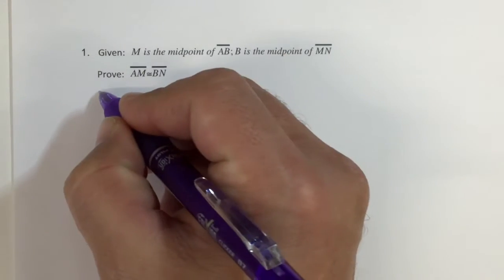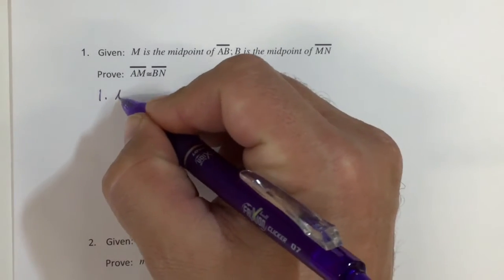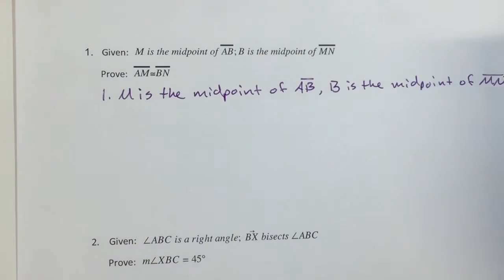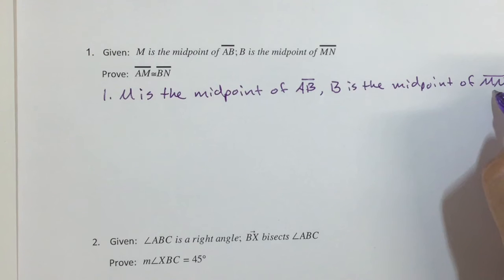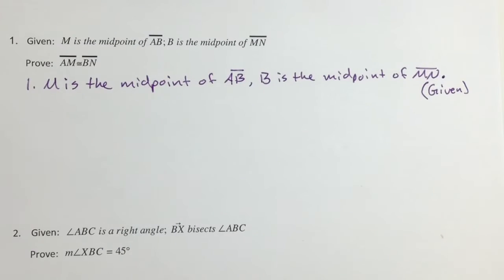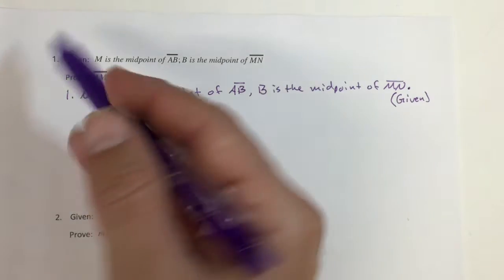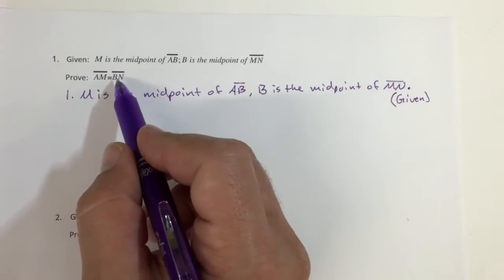So again, the very first thing we want to do is write the given out. Didn't leave myself a lot of room, but that reason is that it is given. And then we want to go from there and prove, eventually, that AM and BN are congruent.